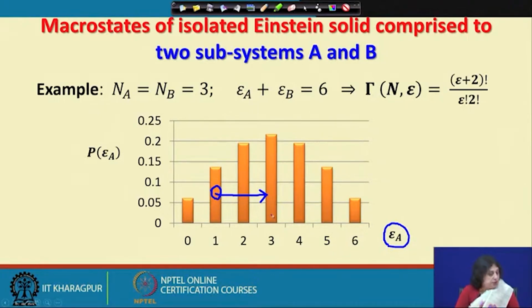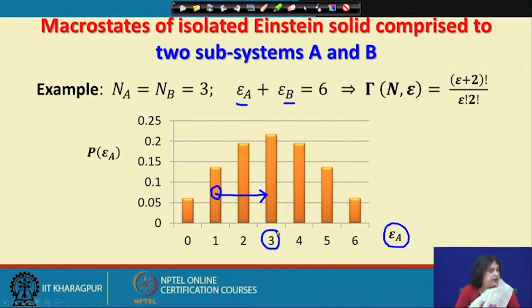And where will I stop? I will stop when the energies epsilon A and epsilon B are equal. Under what condition will these two energies be equal? That is when epsilon A equals epsilon B equals 3.